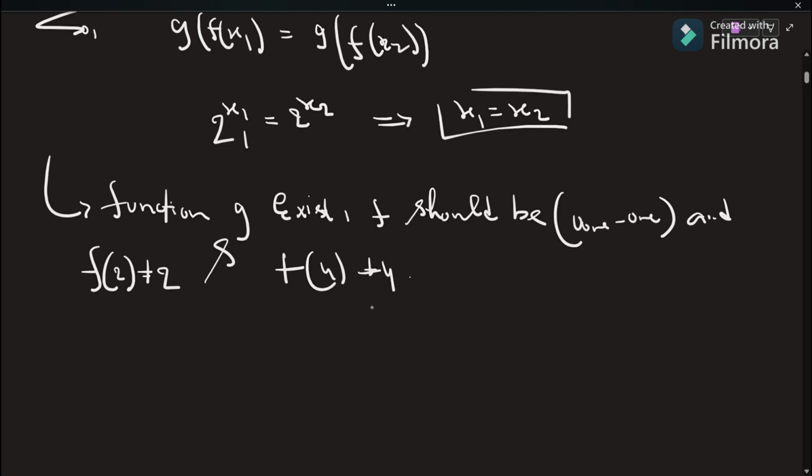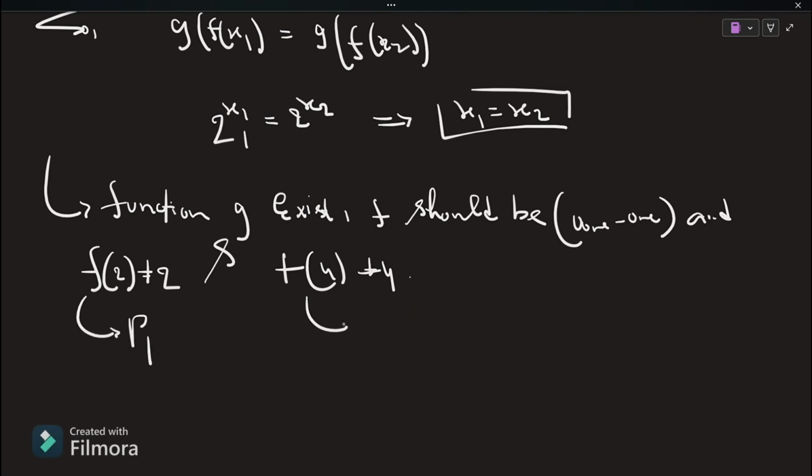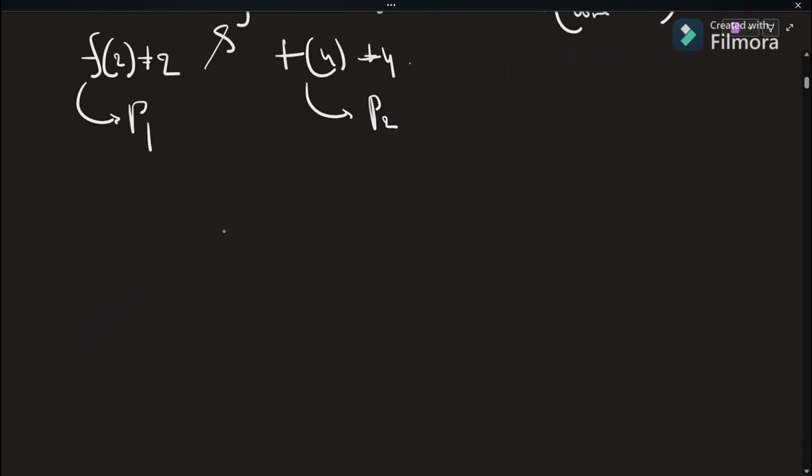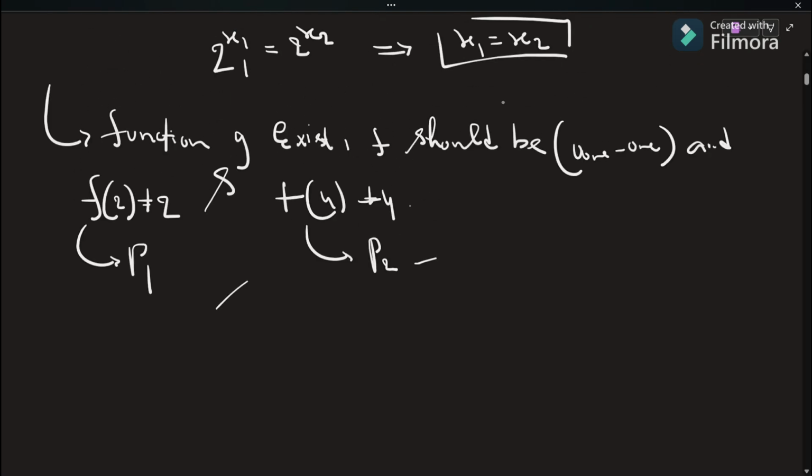So the question is saying f of 2 not equals to 2, f of 4 not equals to 4. Let's say these are the p1 and p2 conditions. So we have to find the number of 1-1 functions that satisfy both conditions.